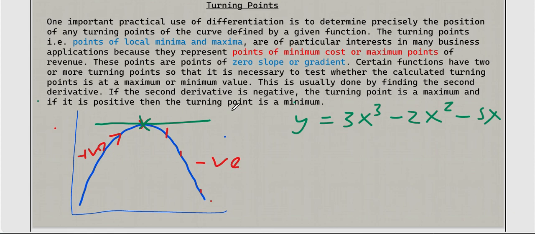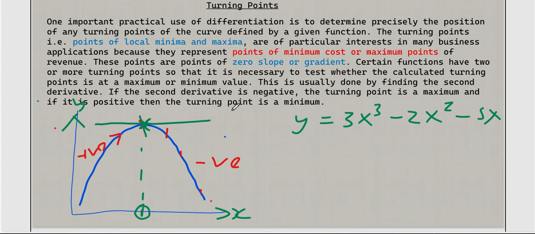So what do you do? How do you get the gradient? The first thing you need to ask yourself is, how do you get the gradient of a point on a curve? We want the gradient at this point. Remember we said at this point the gradient is 0. So what we actually want to know is at that point, what is the value of x? Remember this is x, this is y. We want to know what point this is.